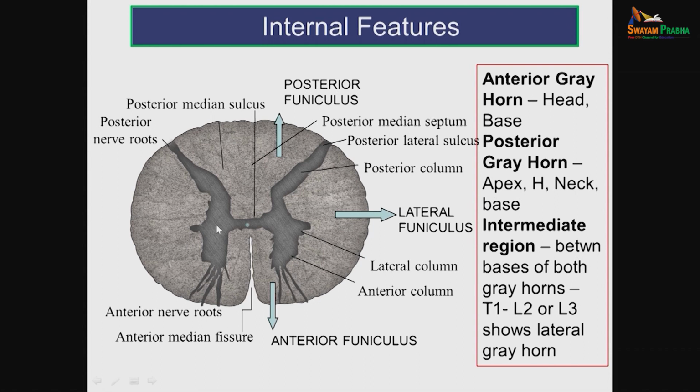So these are the grey horns which are connected by a grey commissure. You can see that this is the grey commissure. It connects identical areas of the right and left grey matter. The central canal is ventral in position in the cervical and thoracic segments of the spinal cord.